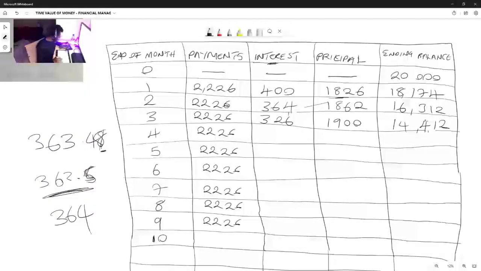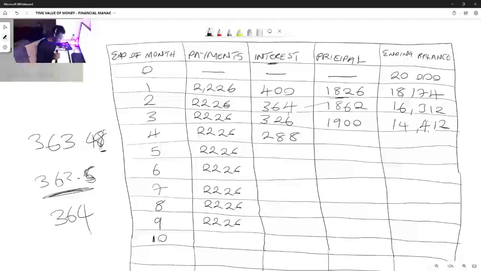Again, we now need to find the interest for period 4. We multiply 2% by the ending balance for period 3, which is 14,412, so multiplied by 0.02, and it gives us an interest of 288. Remember, you're going to find decimals in certain areas, so you need to ensure they are whole numbers, because that's the instruction we've been given in the question.